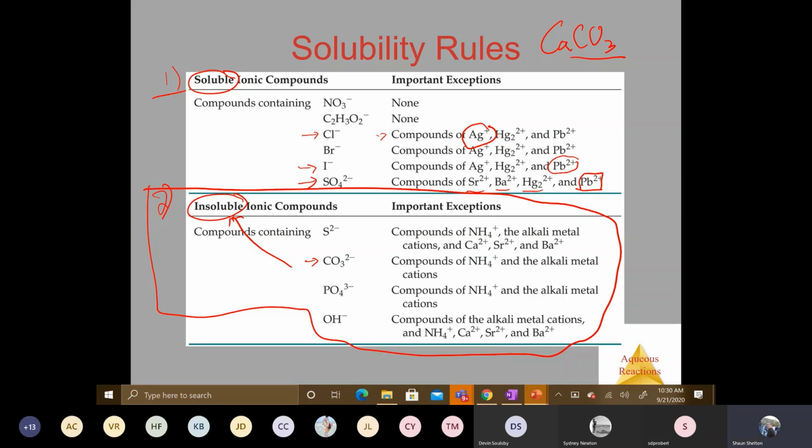Now, calcium is in group 2A, which is the alkaline earth metals. As I look at the exceptions, compounds of NH4+ and the alkali metal cations. I said alkaline earth, so that means that this is not an exception.